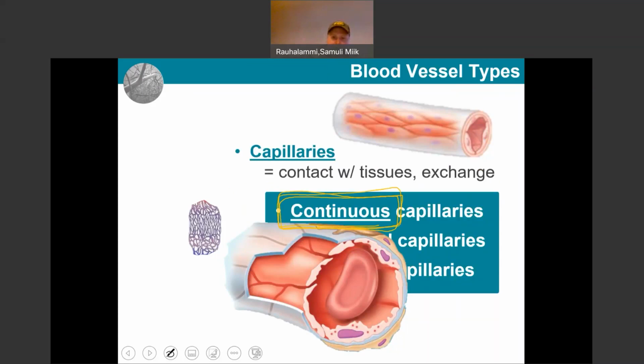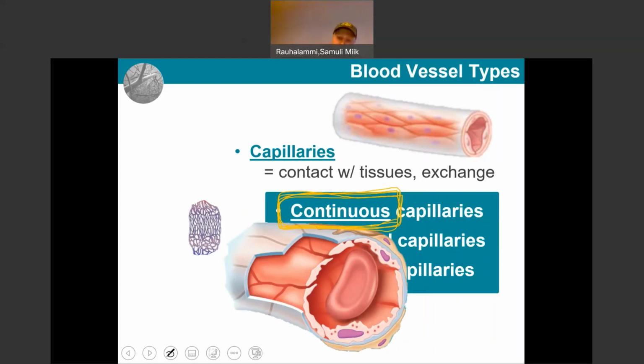Continuous capillaries can be understood really well based on the name that we've given to these. These capillaries are found typically, for example, in skin, muscles, lungs, central nervous system, and so on. Also including the blood-brain barrier. This was the special type of barrier that separated the cardiovascular system from the circulatory system of the brain, so there was no direct passage for the materials.